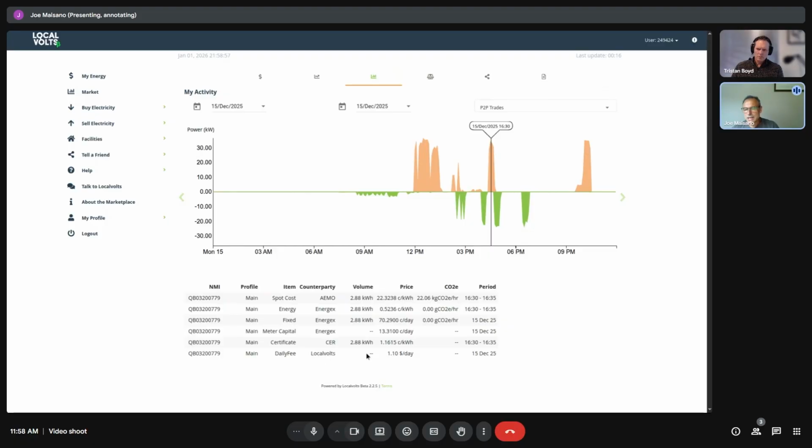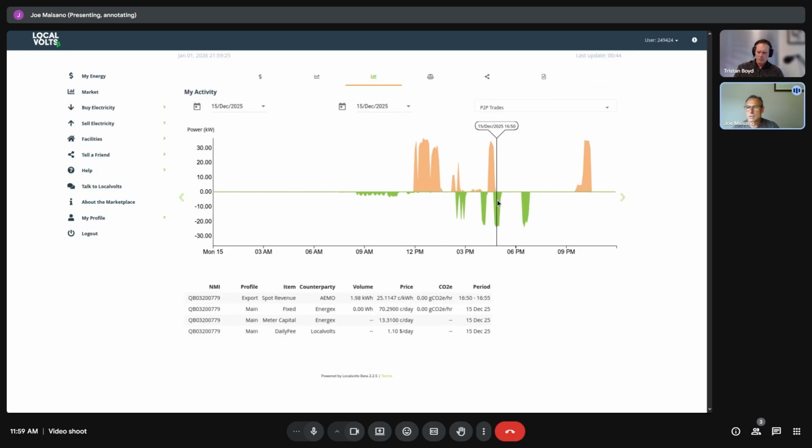So that will be our large scale certificates and our small scale certificates that we have to buy for customers using electricity from the grid as part of the renewable energy target legislation. And then we have a daily subscription fee to Locavolts, which is $1 a day plus GST. So this is on the import side of things.